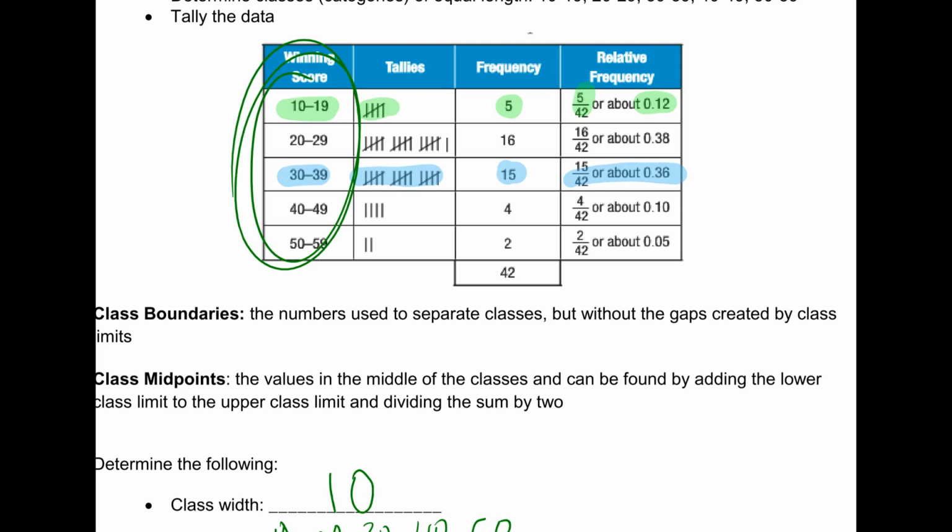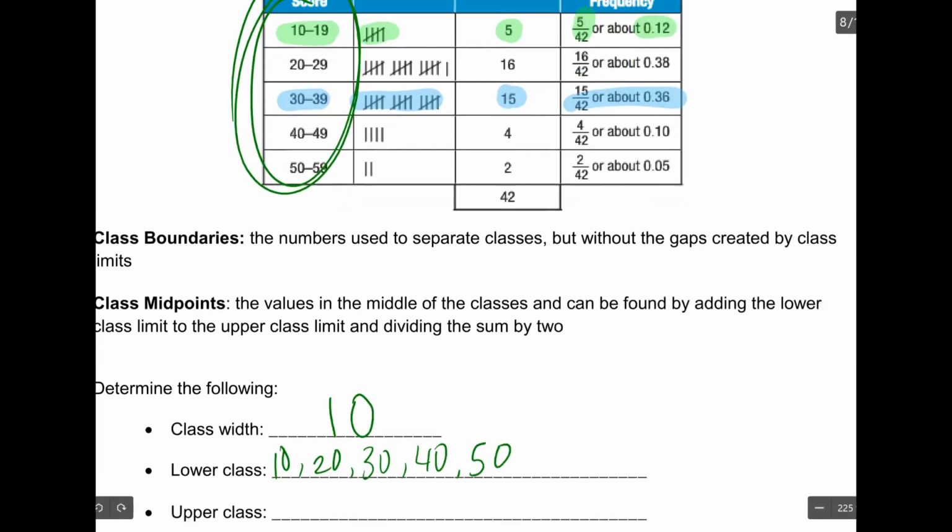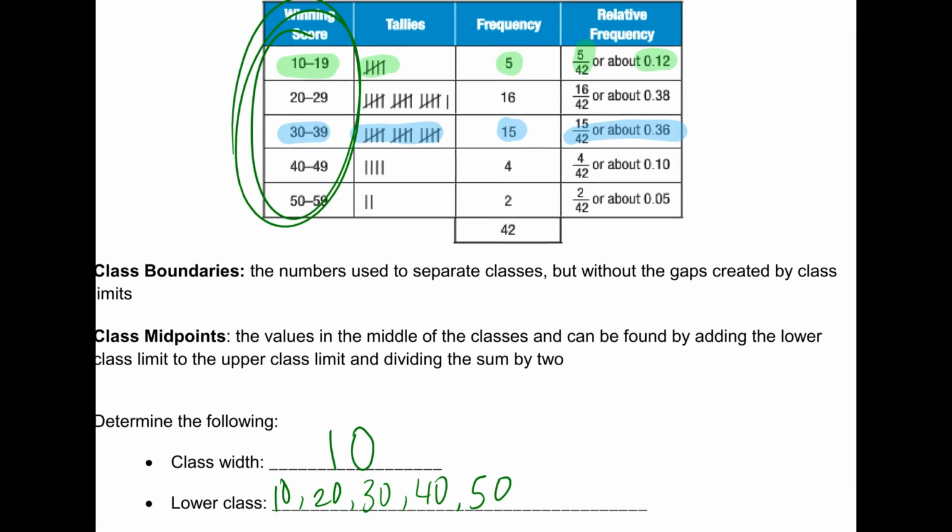So the class width is how many numbers are in each one, like 10 to 19. Okay. So it's by tens? Yeah. Yep. And the lower class means the lower bound. I literally just counted out for you. 10, 11, 12, 13, 14, 15, 16, 17, 18, 19. Just 10 numbers. 0 to 9 are 10 digits, because you go 1, 2, 3, 4, 5, 6, 7, 8, 9, and then 0 is the 10th digit.